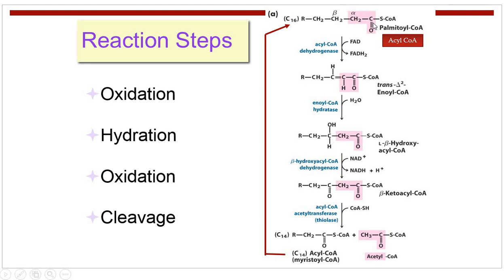The first step is the conversion of acyl coenzyme A. This is palmitoyl coenzyme A if we take palmitic acid. This acyl coenzyme A is converted to trans-enoyl coenzyme A in the presence of acyl coenzyme A dehydrogenase, which is a flavoprotein, an FAD dependent, FAD linked enzyme.